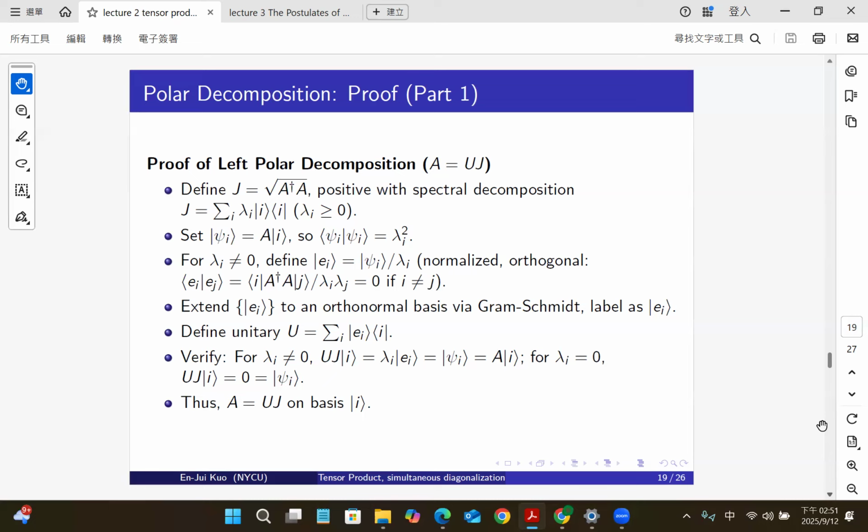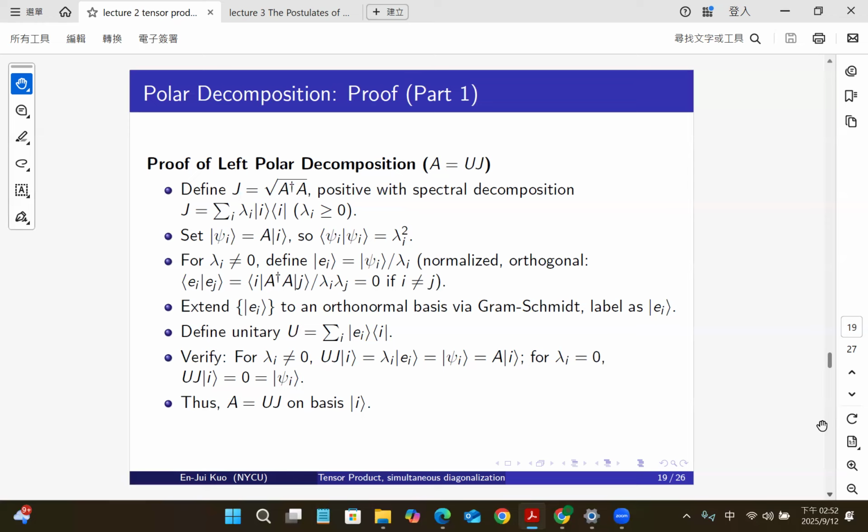It's basically e i. Maybe it's a little bit fast, but it is U acting on i. So now I need to change it to j for the calculation. So I get the sum over j of e j times the inner product of j and i. But the i and j are orthonormal, so the remaining is delta i j, so the sum over j is the same as just leaving i.